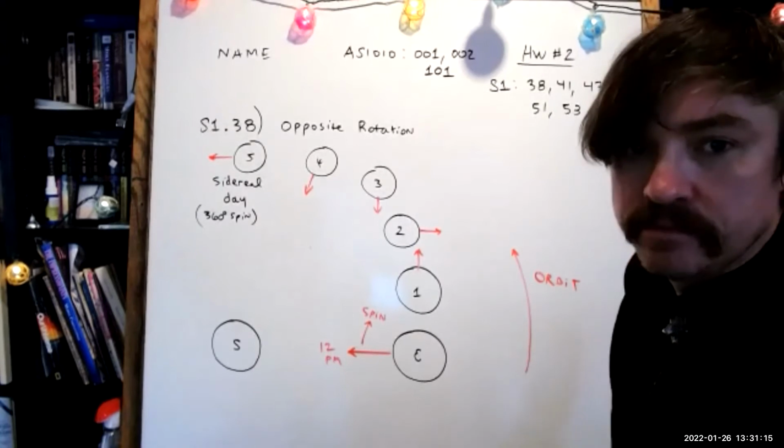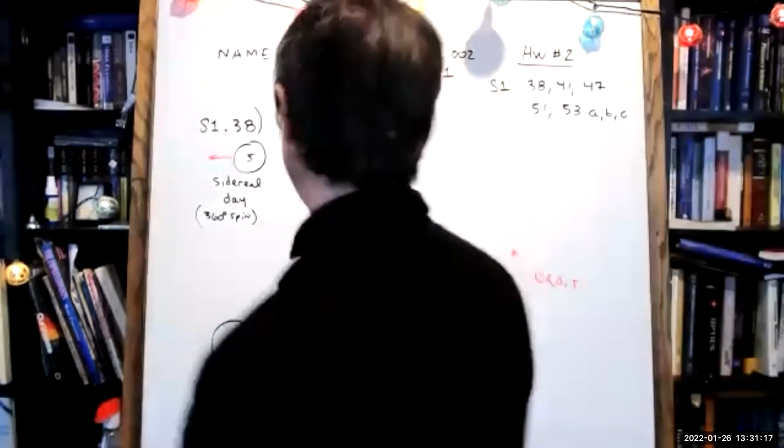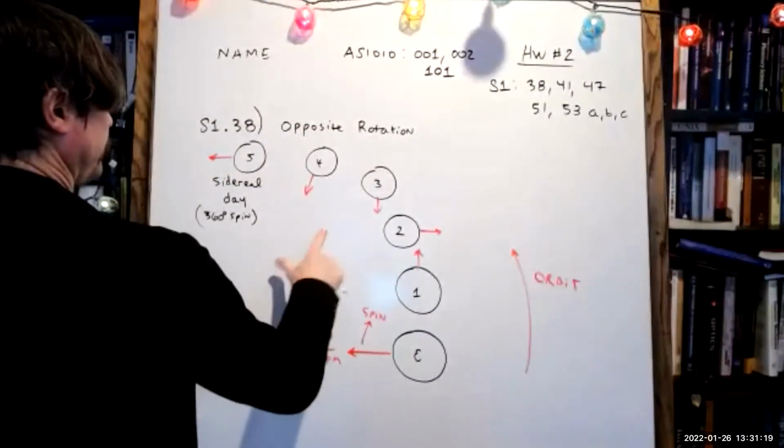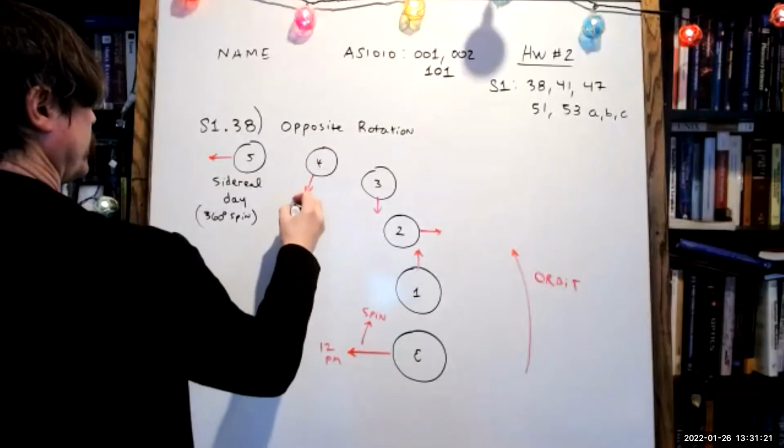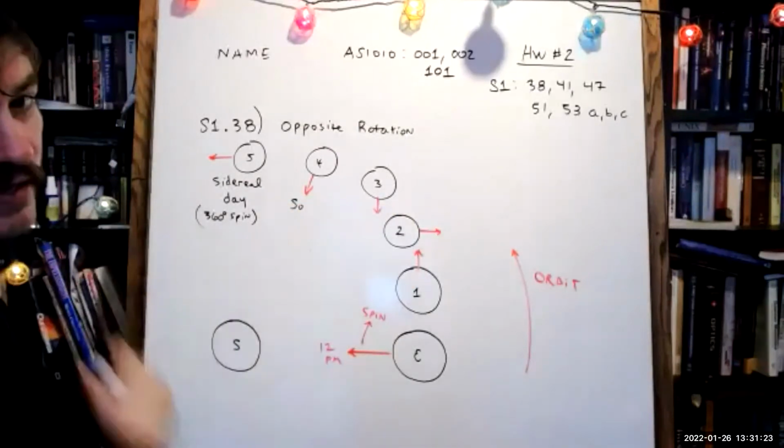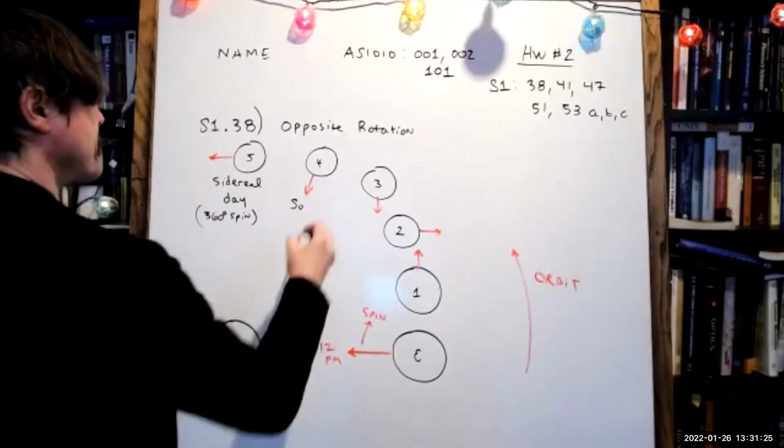That would have to be 4, right? That's right. Why? Because it's not a true 360 spin. But neither are any of the rest of those. That's not good enough.